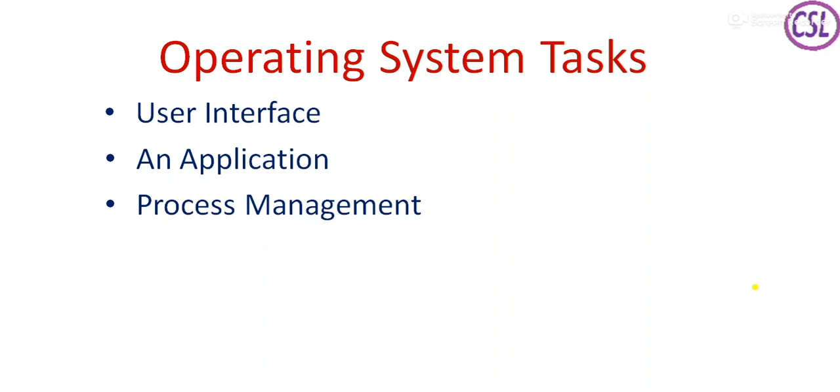Now the operating system handles all these processes and assigns these processes to the processor. When the task is over, it gets the process from the processor and sends it back. So this entire task is called process management. This is an important task of the operating system.